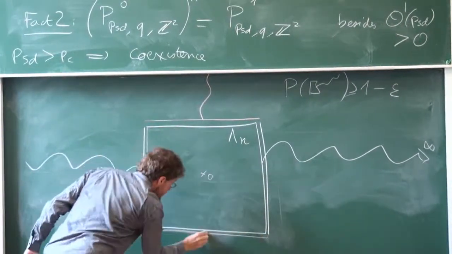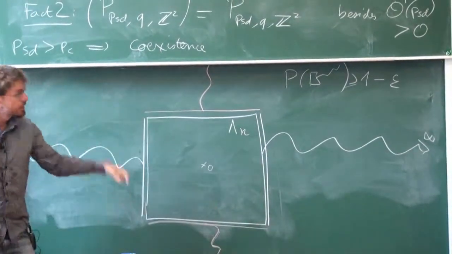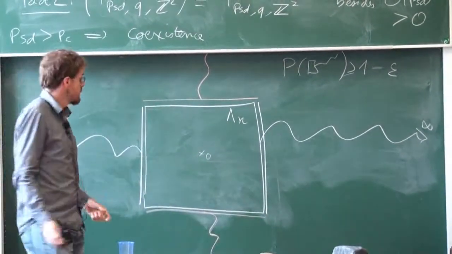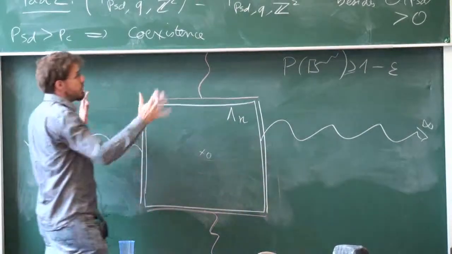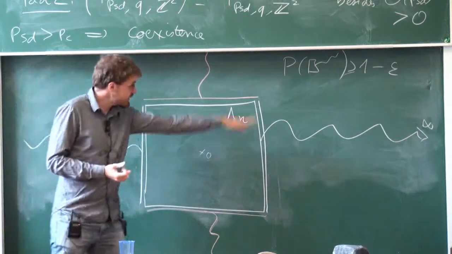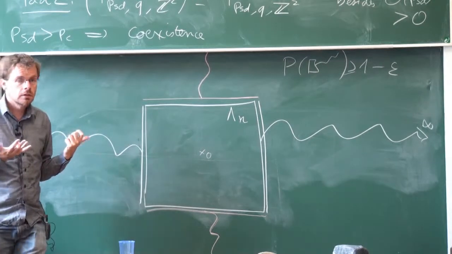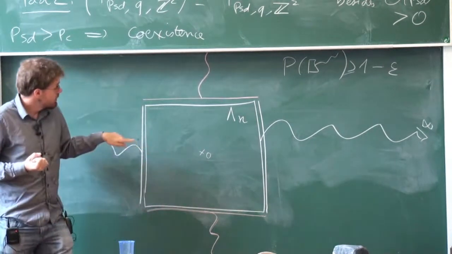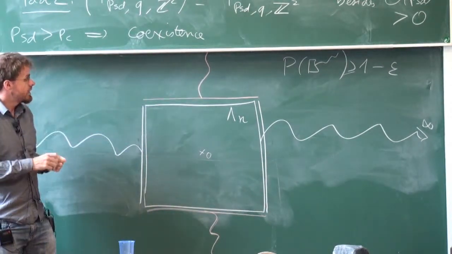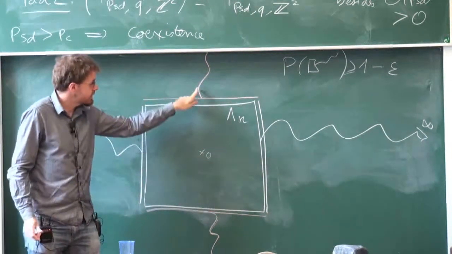And the bottom side, which maybe you don't see, is also connected to infinity by a dual path. So all these events have probability close to 1. By a union bound, their intersection also has probability very close to 1. And now, on this event, there are two things that can occur. Either this and this are connected inside the box.